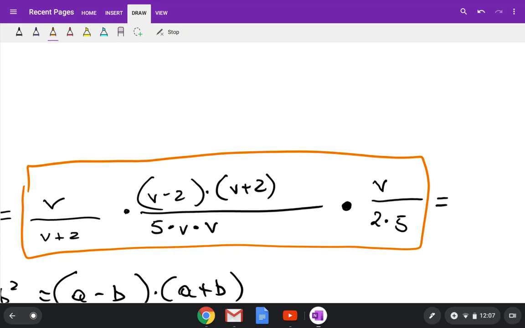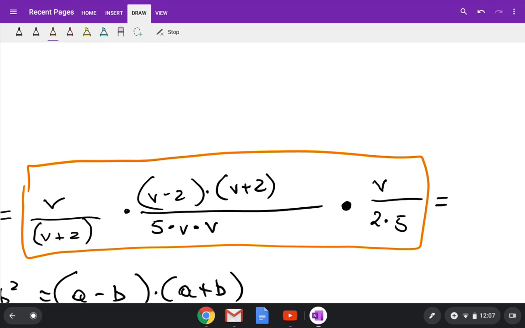Okay, so let's start canceling. V is on the top. A couple things here. Don't do that. You cannot just say this one and this one cancel. Make sure you're not forgetting that v plus 2, and that was my mistake. When you have an expression, put it in parentheses so you don't make the mistake which I just showed you, because it happens a lot.